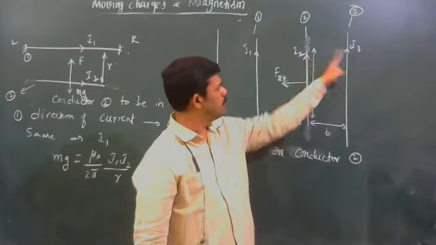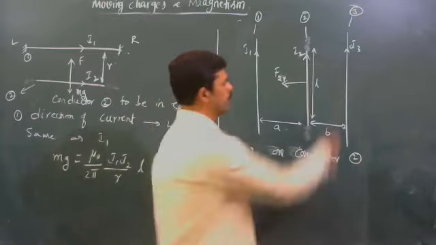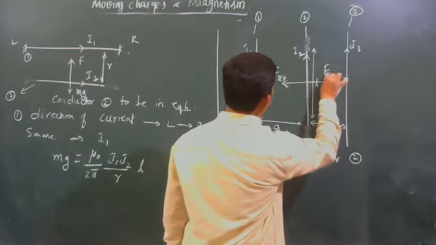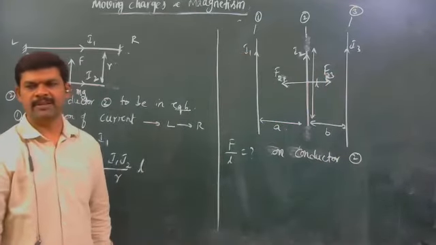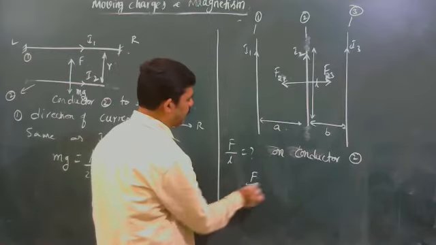Compare this: they are also in the same direction, so attraction, F on 2 due to 3. How are those two forces? Opposite. So the net force per unit length.